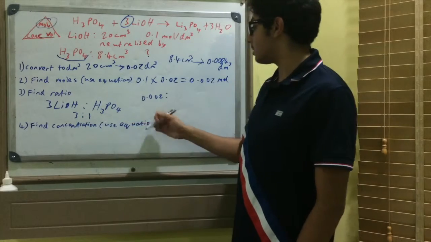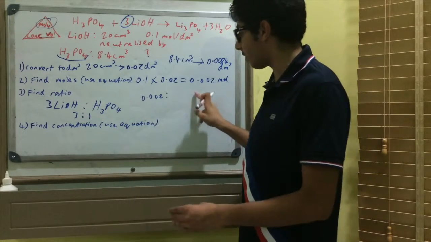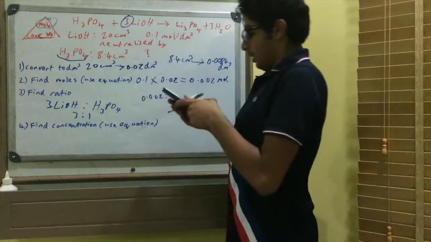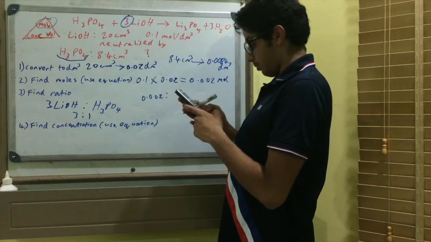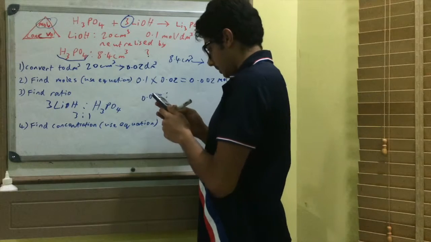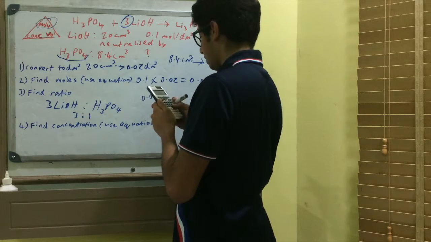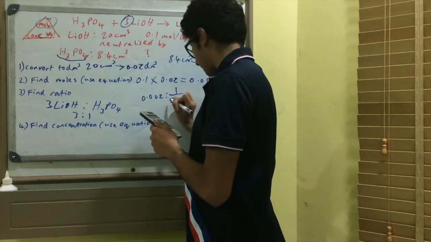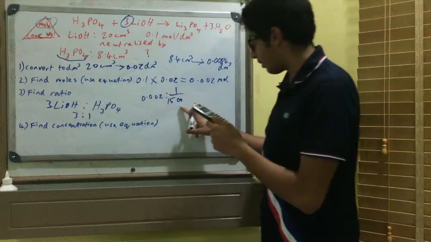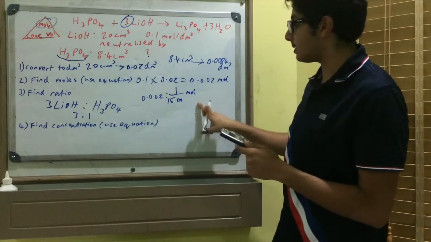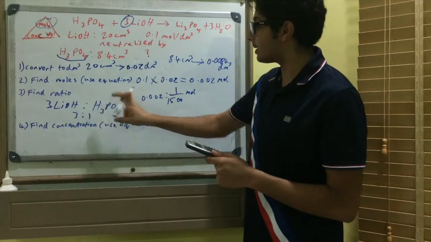Divide by 3. So 0.002 divided by 3 to give you the other part of the ratio is going to give you, I'm going to leave it as a fraction, 1 over 1,500 moles. That's the number of moles you have for phosphoric acid.